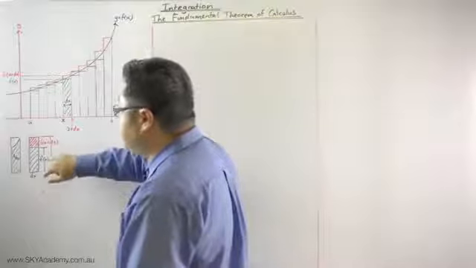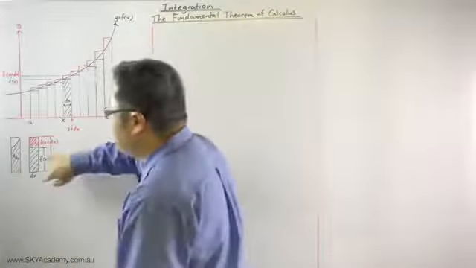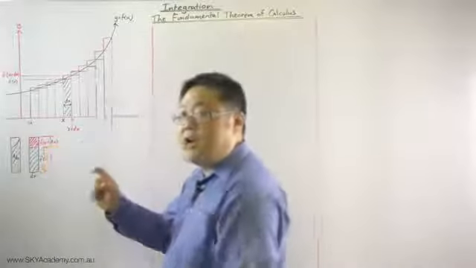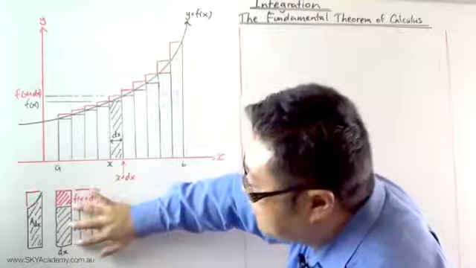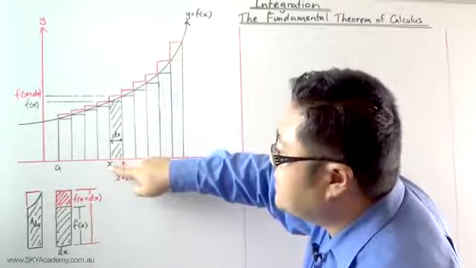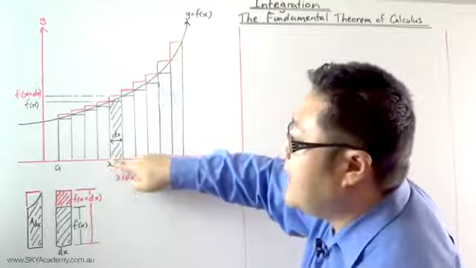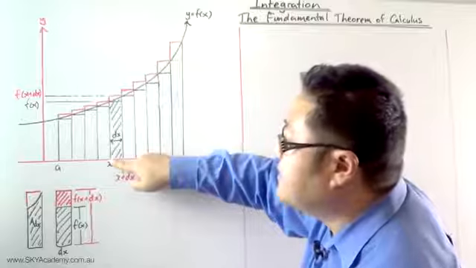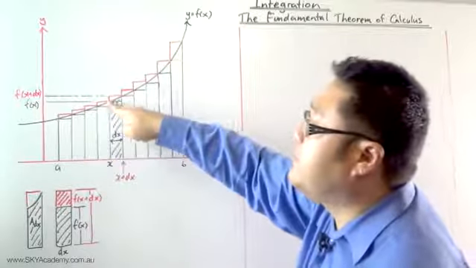We just need to work out the height, or the length, of the smaller rectangle and the height of the bigger rectangle. The height of the smaller rectangle: if this point here has an x coordinate of x, the y coordinate will be f of x. Can you see that?